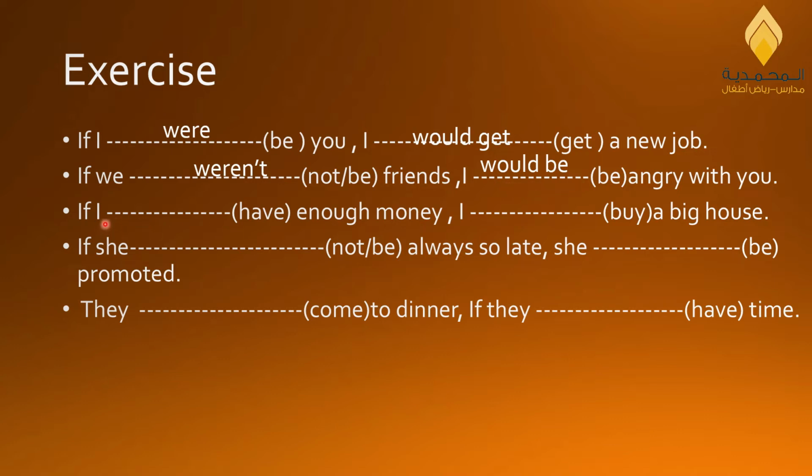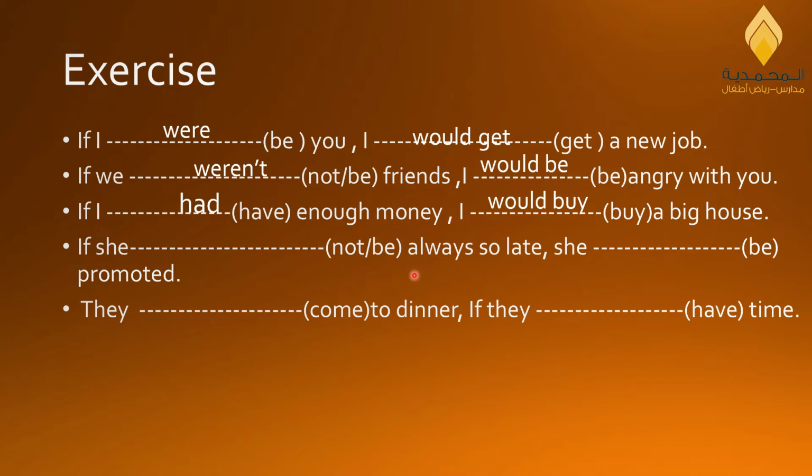Next one. If I had enough money, I would buy a big house. Next is if she, again we are using not plus the verb to be. So what choices do we have?